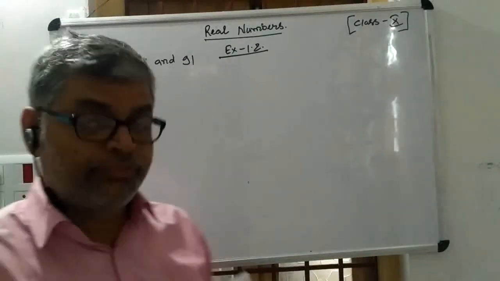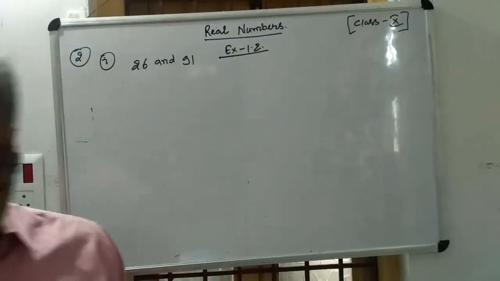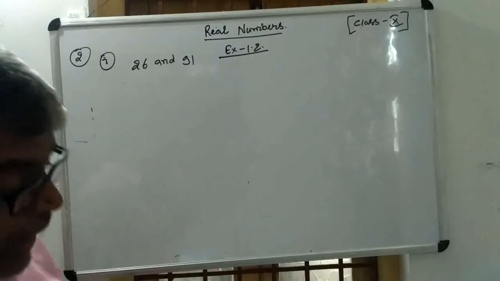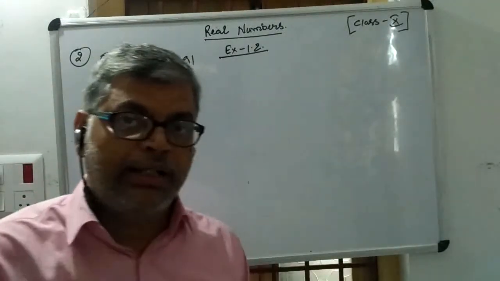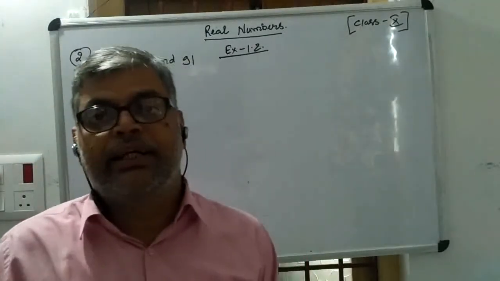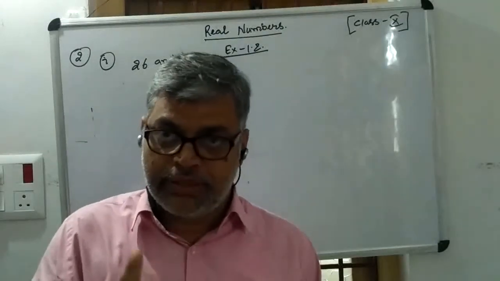We first have to find the HCF, and thereafter the LCM. After finding them, we have to verify that the product of LCM and HCF is equal to the product of the two given numbers.